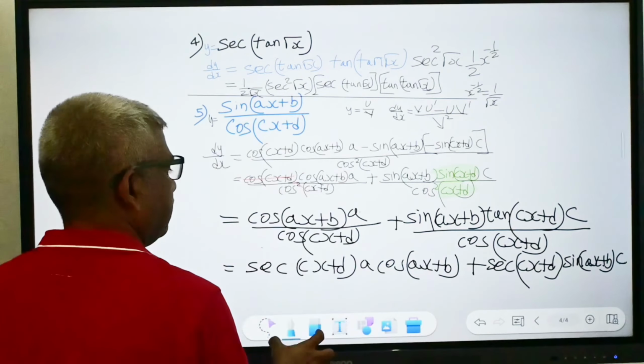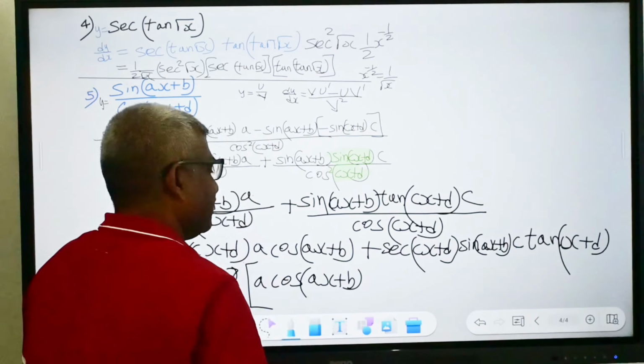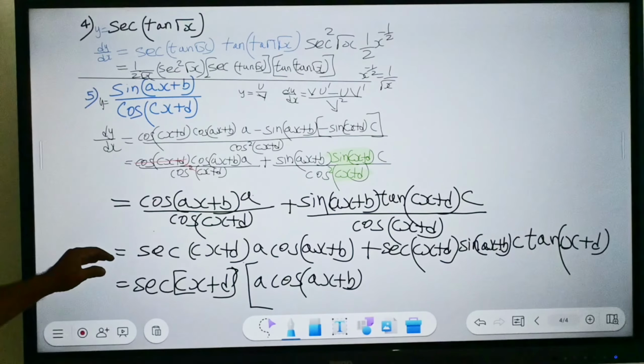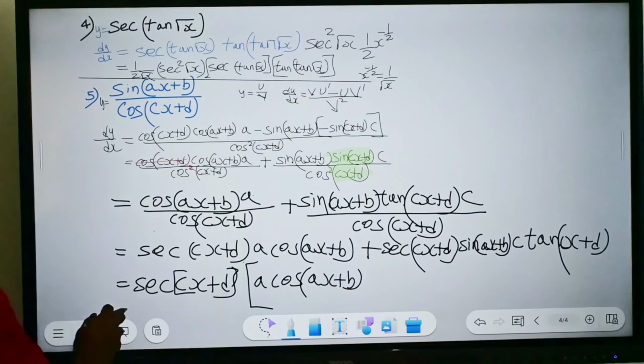A cos ax plus b. This step is not required. You can stop with the previous steps. Sin a plus c sin ax plus b times tan cx plus d. Finish it. That's all.